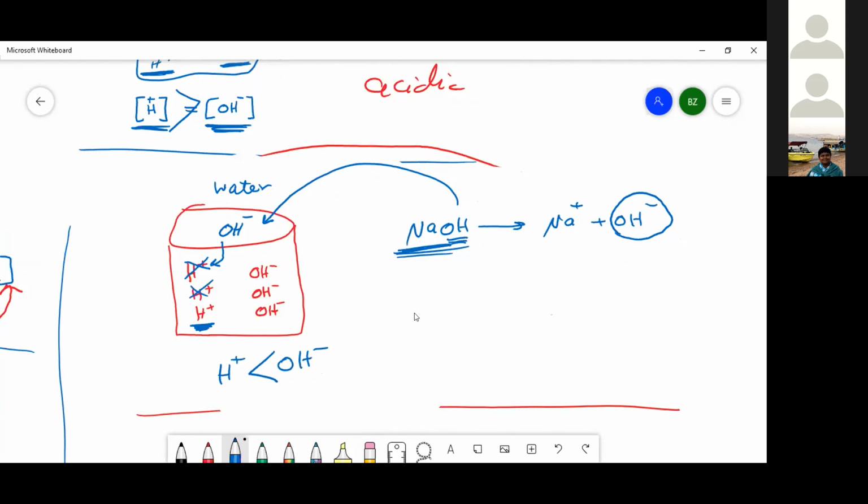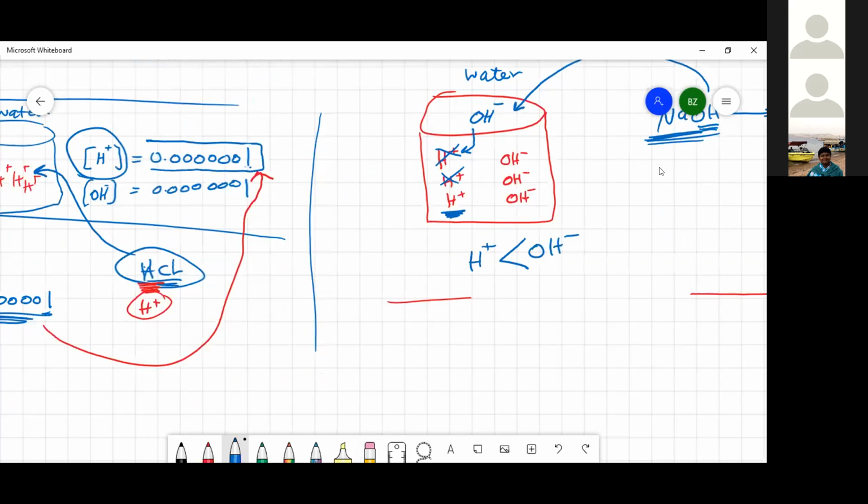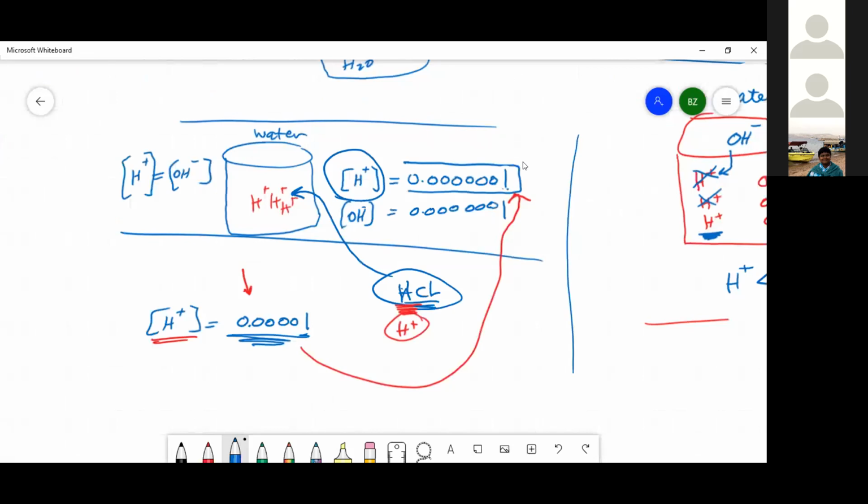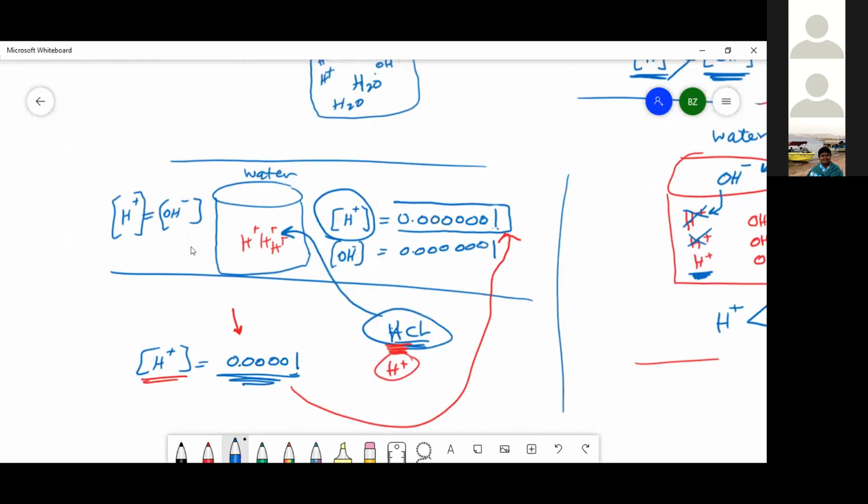And as we said in the beginning, if the H pluses in the water decrease, it becomes what? Basic, right? Okay, now I understand. Alhamdulillah. Good.